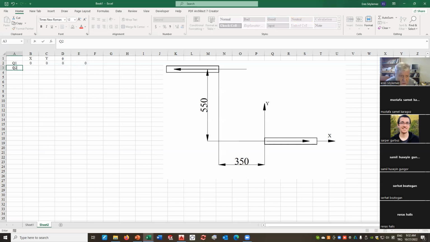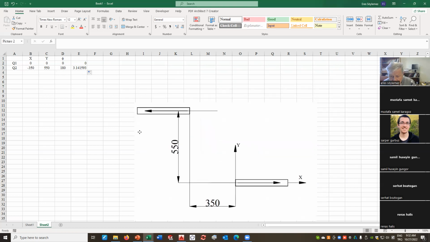Q2. Now it will be minus 350, correct? And 550, X and Y coordinates. Now it will be rotated 180 degrees. Pi in radians, correct?